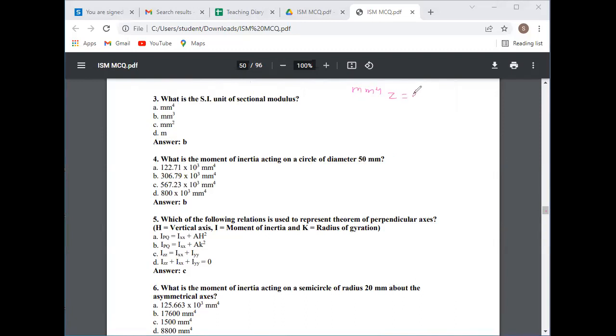So Z is I divided by Y. So mm raised to 4 divided by mm. This mm and mm get cancelled and what is remaining? mm cube. Okay, so the question will be likewise. After that this numerical we will keep. You try to solve. We will search for theoretical.